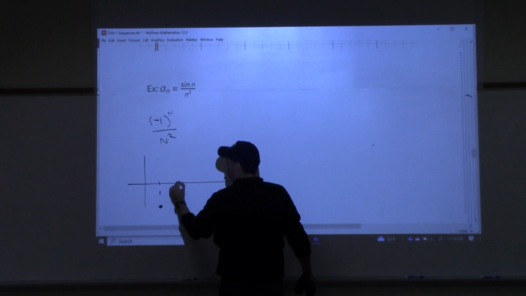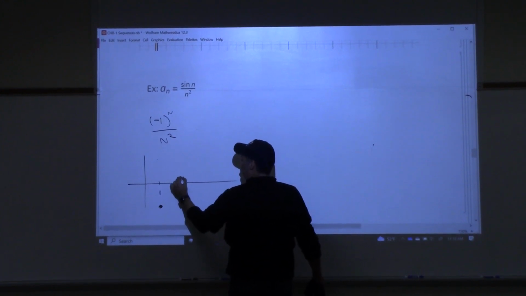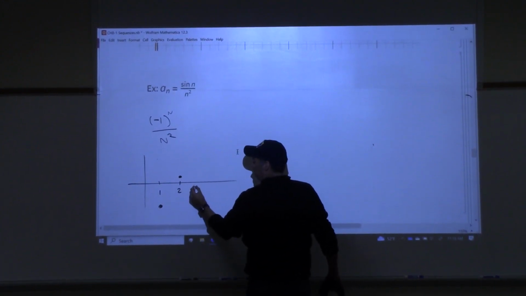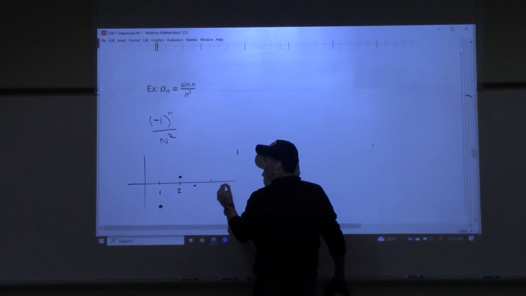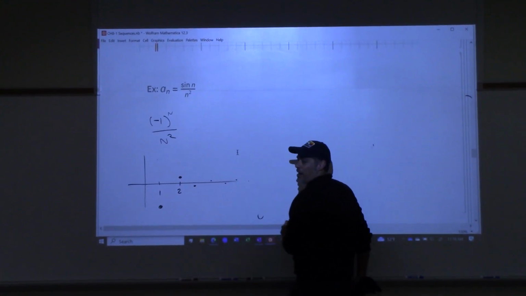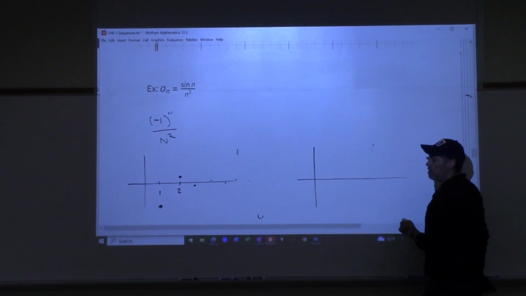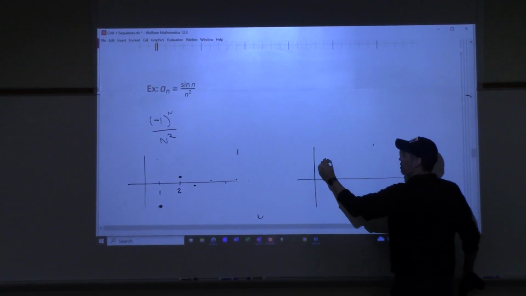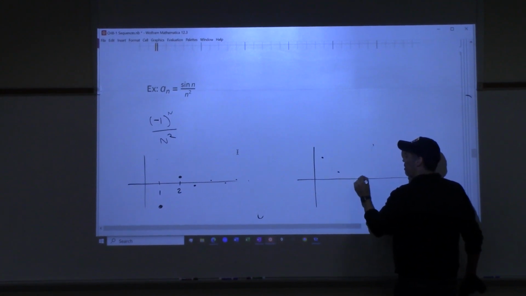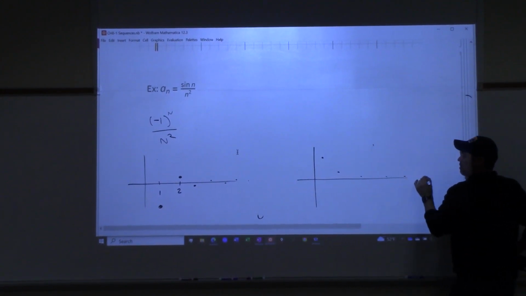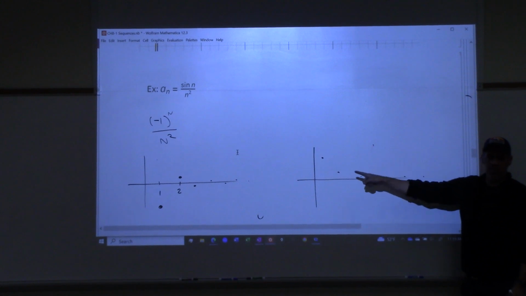And then for 2, we got positive 1/4, right? And then negative, and then smaller, smaller, smaller. Like that. This one, when we took the absolute value, all it did is bring everything that was negative up, like that. So if this one goes to 0, that one goes to 0 is what we're saying. That's all we're saying.